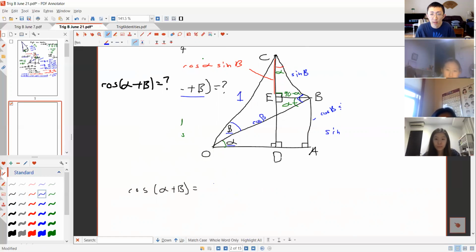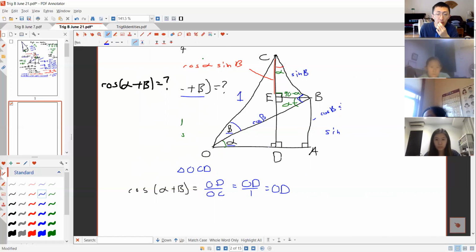So then what's cosine alpha plus beta? Is it a length in the diagram? OD. Yep. So this is OD over OC. So look at this triangle, and then that's just OD over 1. Okay, so it's the hypotenuse 1 times the cosine of alpha plus beta. So we just need to find OD.